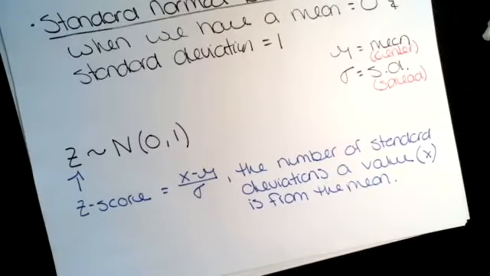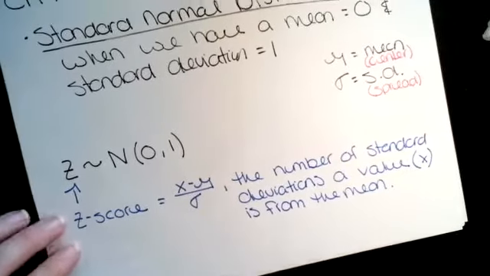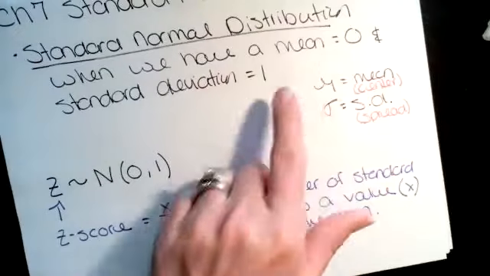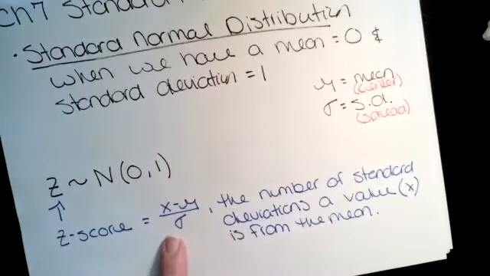And so maybe we want to consider separating them out and standardizing them so we can compare apples to apples. That's the kind of thing the standard normal does. And that's why we bring the mean to 0 and standard deviation to 1 by calculating the Z-score.